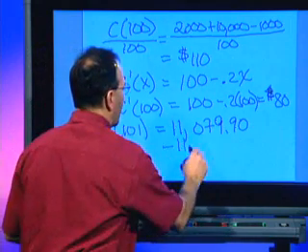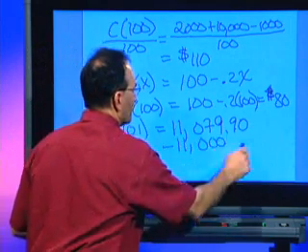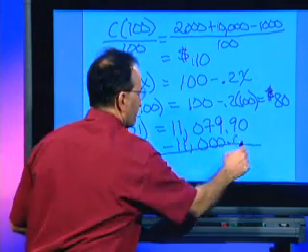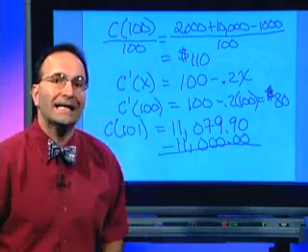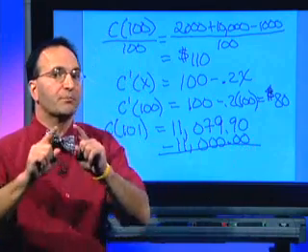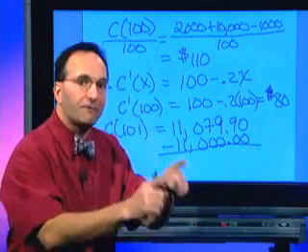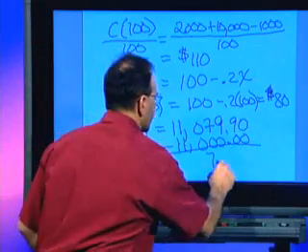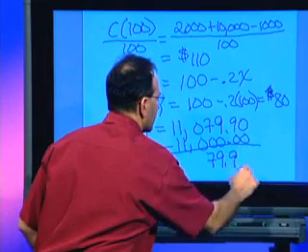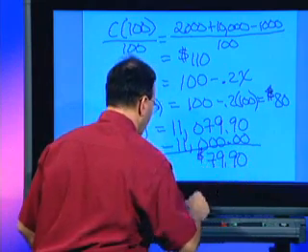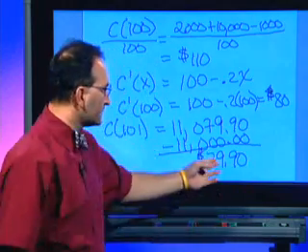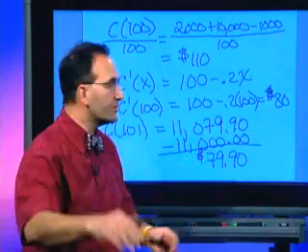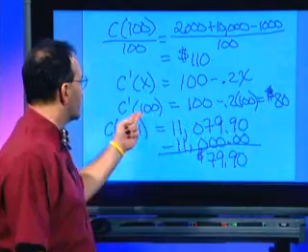So if we subtract off the $11,000, what we'll find is that the cost to produce the 101st machine is $79.90, which is very close to the $80 that we projected by doing the first derivative, i.e. the marginal cost of the original cost function.